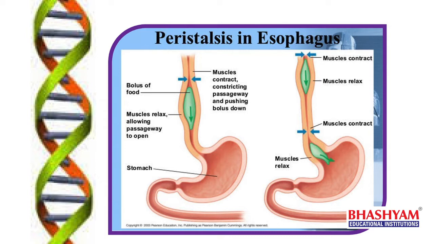That wave-like movement, which we see in the esophagus, is called peristaltic movement, or peristalsis. So this peristaltic movement helps to push the food in a forward movement in the digestive tract. Food comes to the stomach.